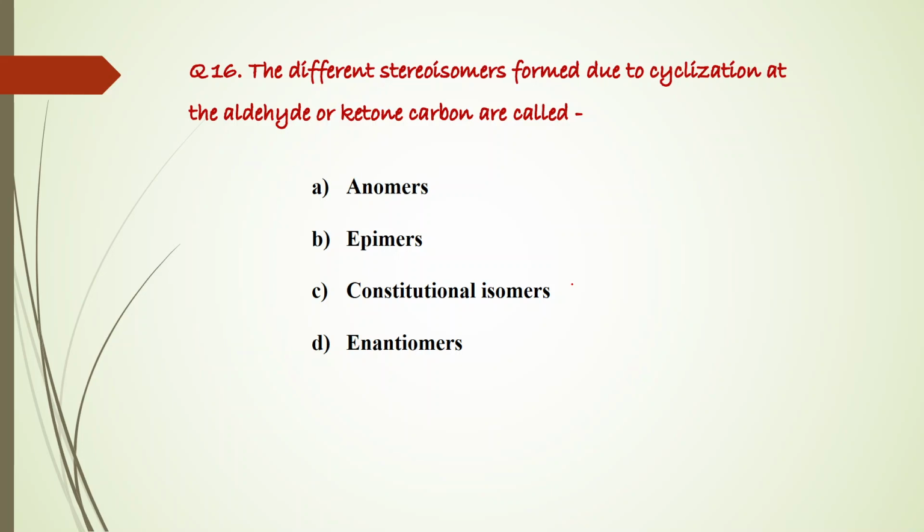After cyclization, what type of stereoisomers did you get? In the last case, in the non-cyclized structure, you got your epimers as the stereoisomers. Now after cyclization, what kind of isomerization do you get? Yes, we have already discussed it. They are known as anomers, because we all know the hydroxyl group from any of the positions attacks the aldehyde or carbonyl group for ring formation, forming either a 5-membered or a 6-membered ring.